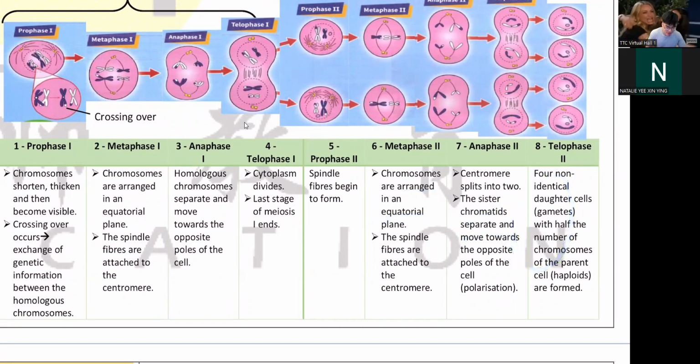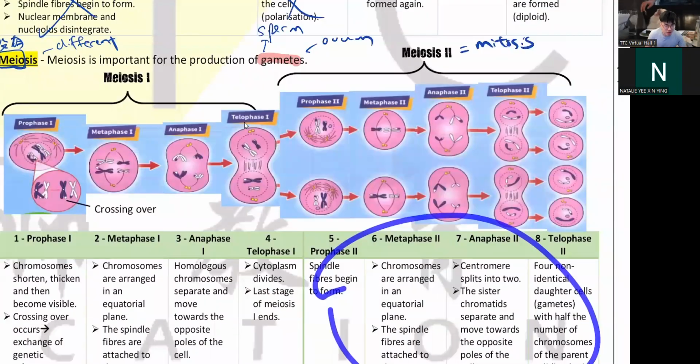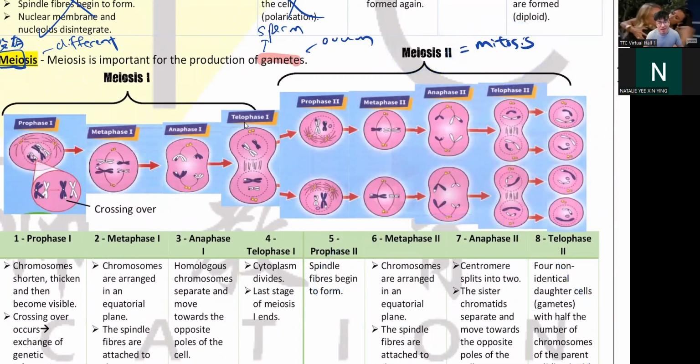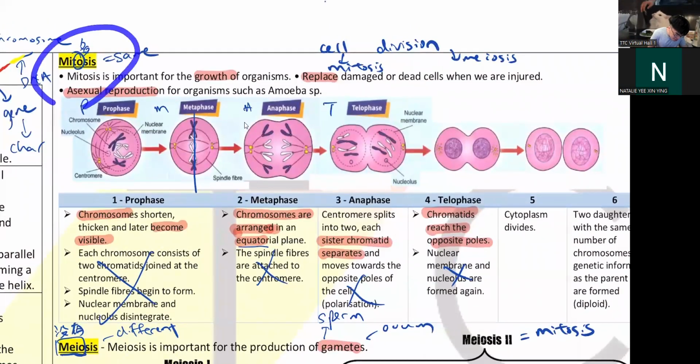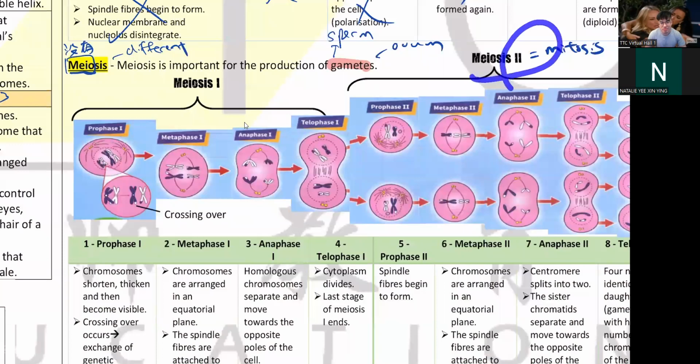It's the same point. So if they ask you for meiosis 2, you just write back the point in mitosis. So you memorize mitosis just now, you already memorized for meiosis 2. So you see, I cut your problem easy already.